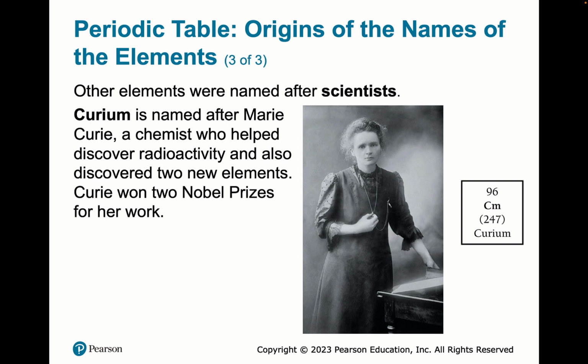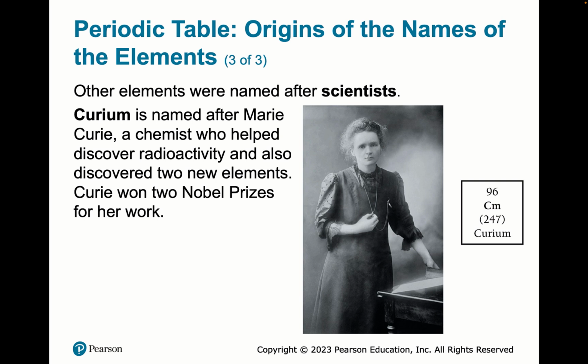And we have some elements named after scientists. Although not a scientist, there's Nobelium, and we have Einsteinium, Seaborgium. Glenn Seaborg was alive when they named the element after himself. Marie Curie was an amazing scientist who won 2 Nobel Prizes.